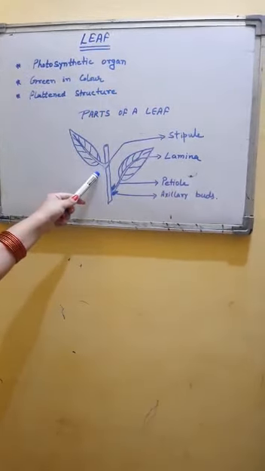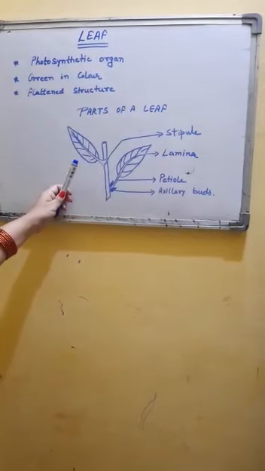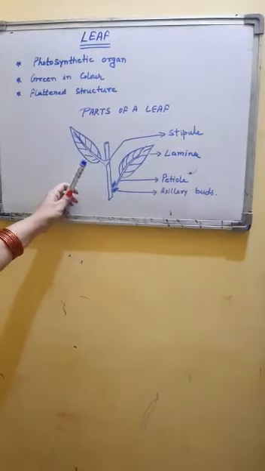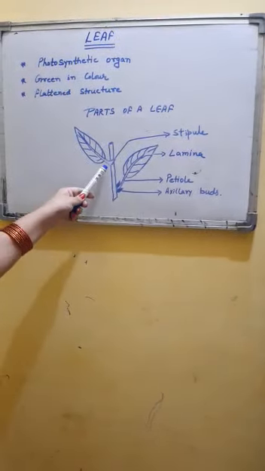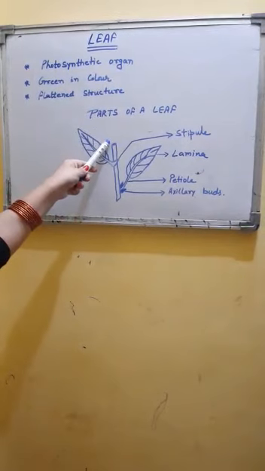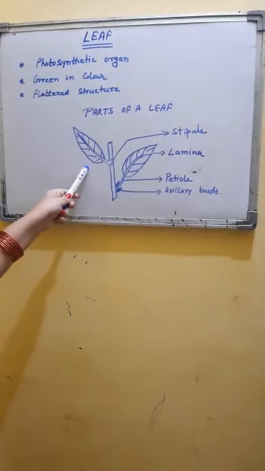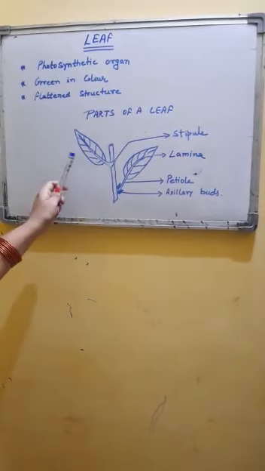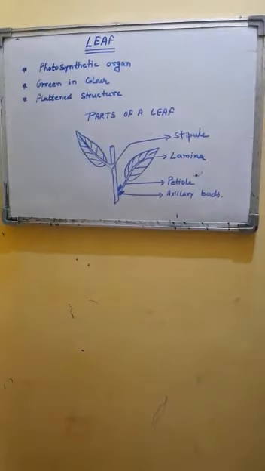It helps the leaf to receive light and allows it to flutter in wind to get fresh air. With the help of this petiole, leaf moves in air and cools down itself and gets fresh air for various purposes like photosynthesis and respiration.